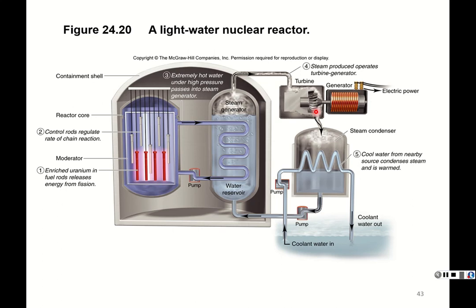It's a fancy way to boil water, but instead of burning a bunch of coal or gas that you'd have to keep burning and keep paying for, you just have uranium sitting there and it does the same thing. Once the steam has spun the turbine, you need to condense it back down to liquid water, and that's where the cooling water line comes in.